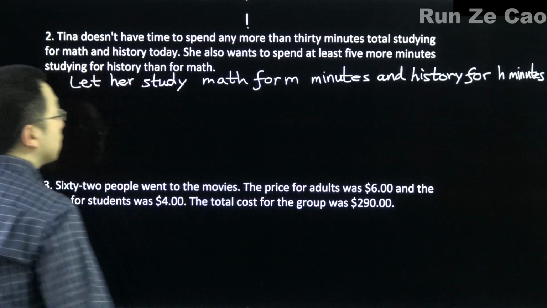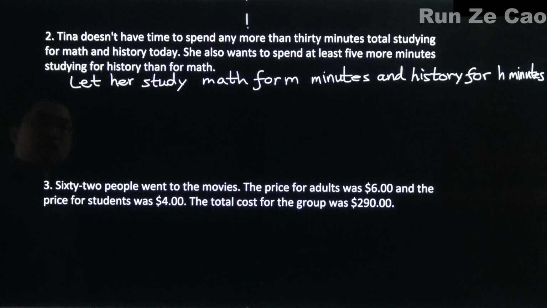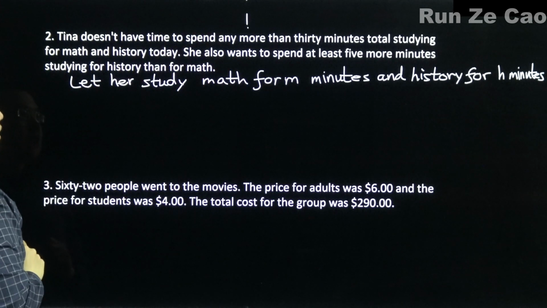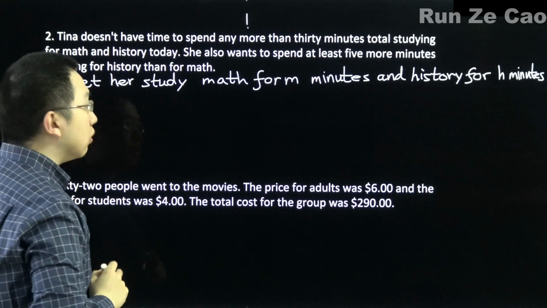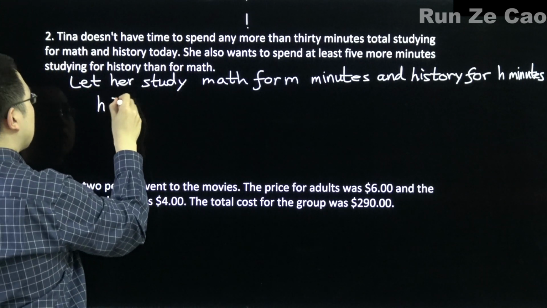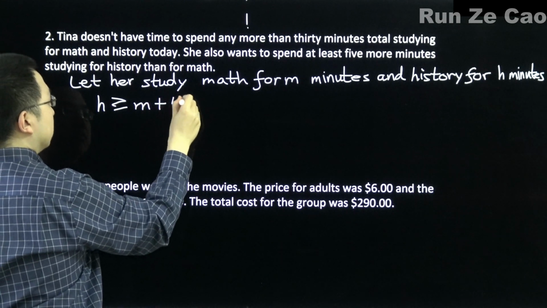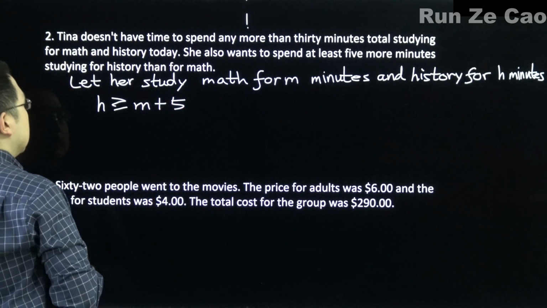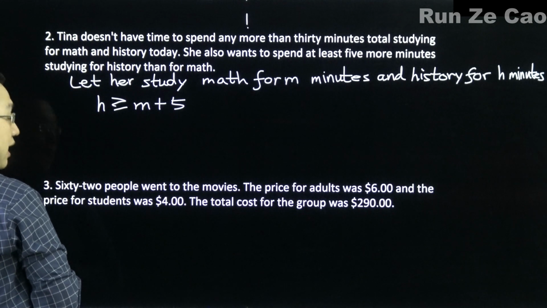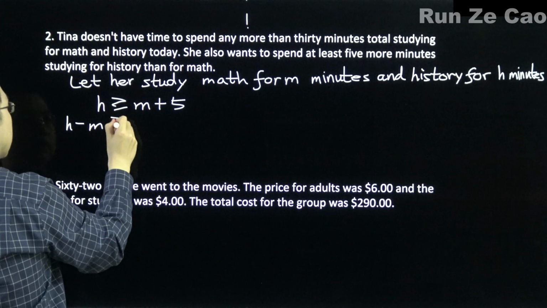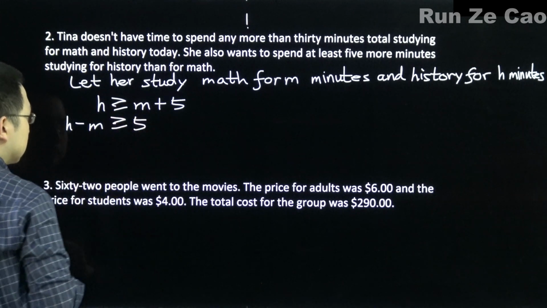Okay, so she also wants to spend at least 5 more minutes studying for history than for math. That means history is greater than or equal to math plus 5. Now, because it says standard form, that's h minus m greater than or equal to 5.